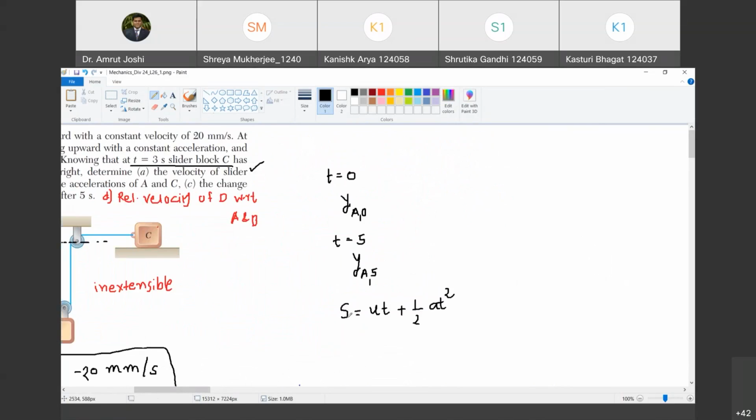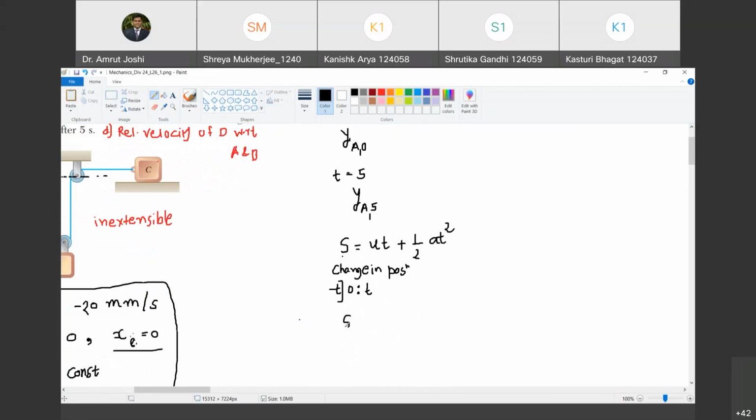Yes, sir. However, you have to understand that this s is change in position and it is not the position at time t. Are you with me? Yes, sir. Change in position from time 0 to t. Are you with me? Yes, sir.